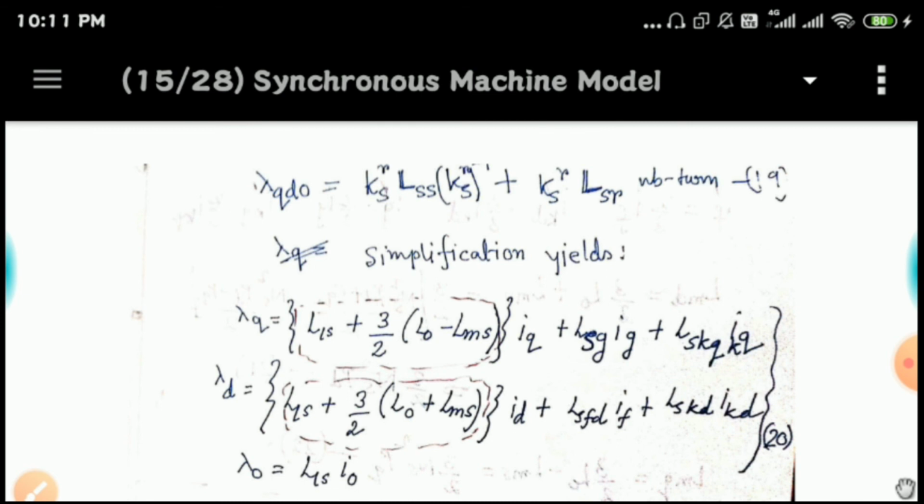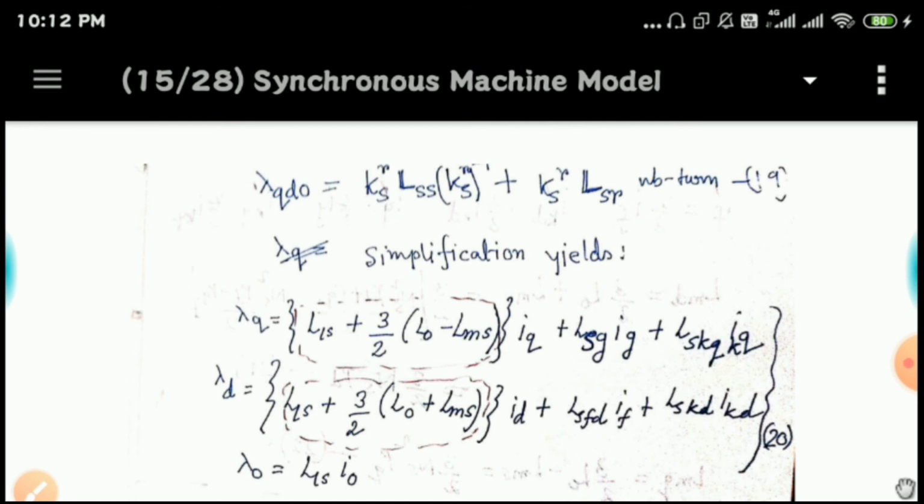But here you can see this 3/2 (L0 minus L_MS) iq. That means, if you see the equation of lambda q, lambda d, and lambda 0 in comparison with lambda A, lambda B, lambda C, we will understand that this expression of lambda q is independent of your rotor angular position, and that is what we were expecting or looking for.